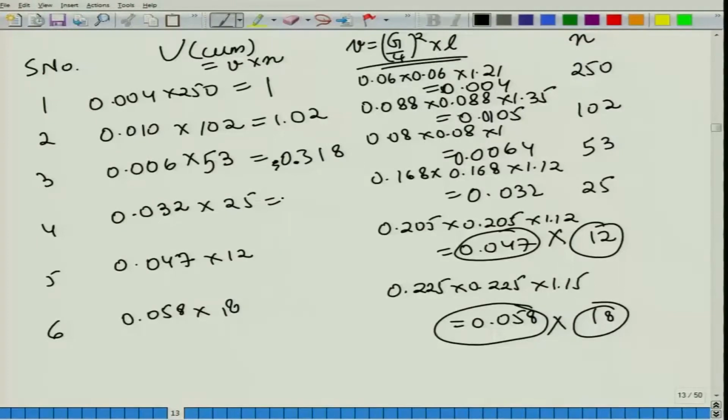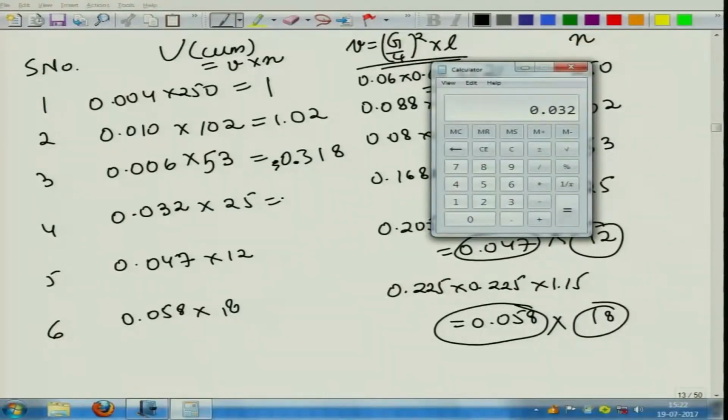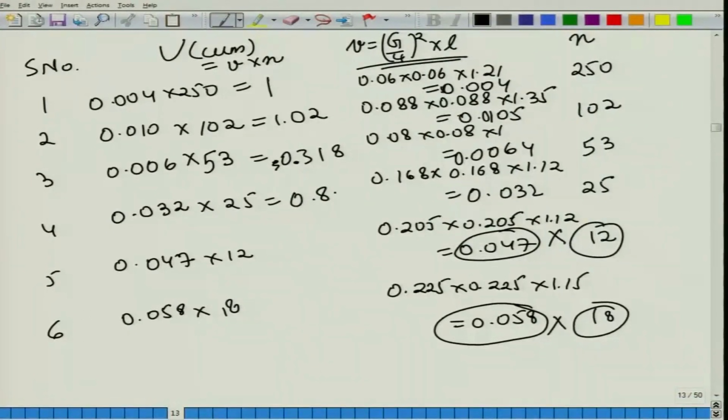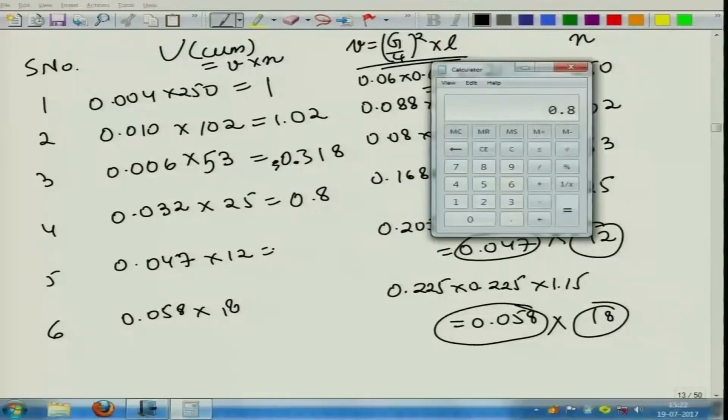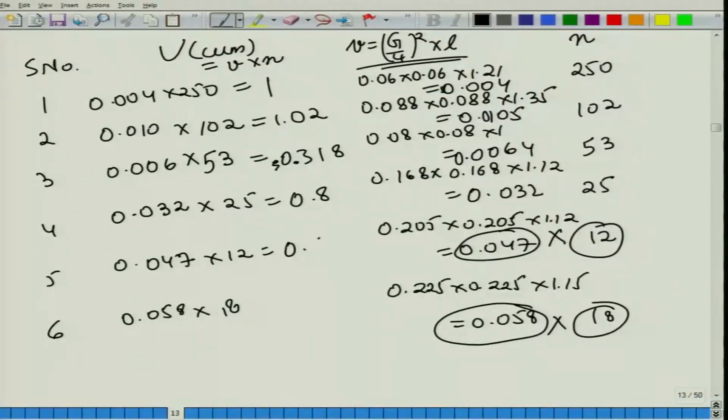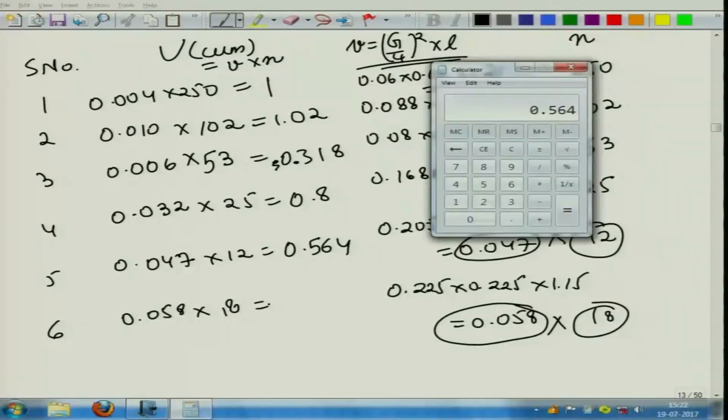Next we have 0.032 into 25 is 0.8. Next we have 0.047 into 12, that is 0.564, and the last value is 0.058 into 18, which is 1.044.